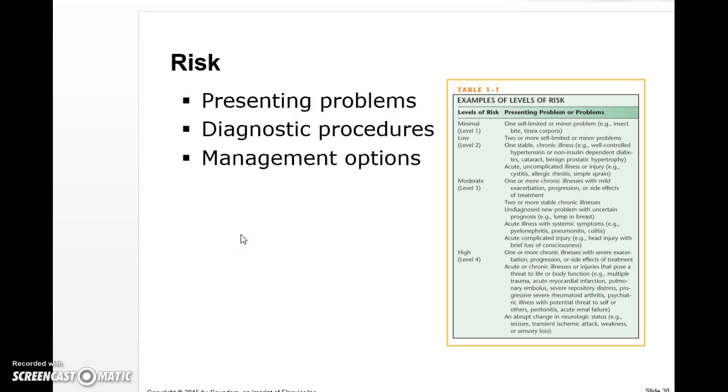Next, let's take a look at the risk. What does risk mean to the patient? The presenting problem might be a risk, or diagnostic procedures might be risky, and even the management options.